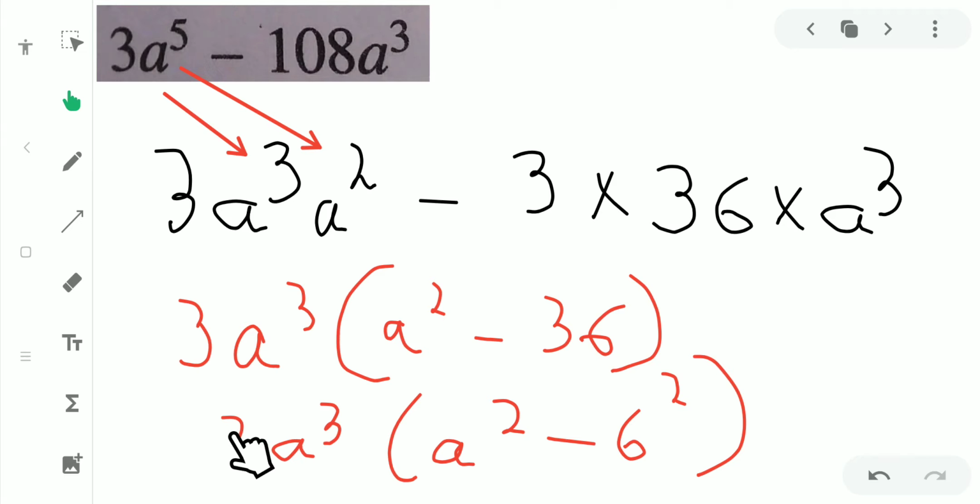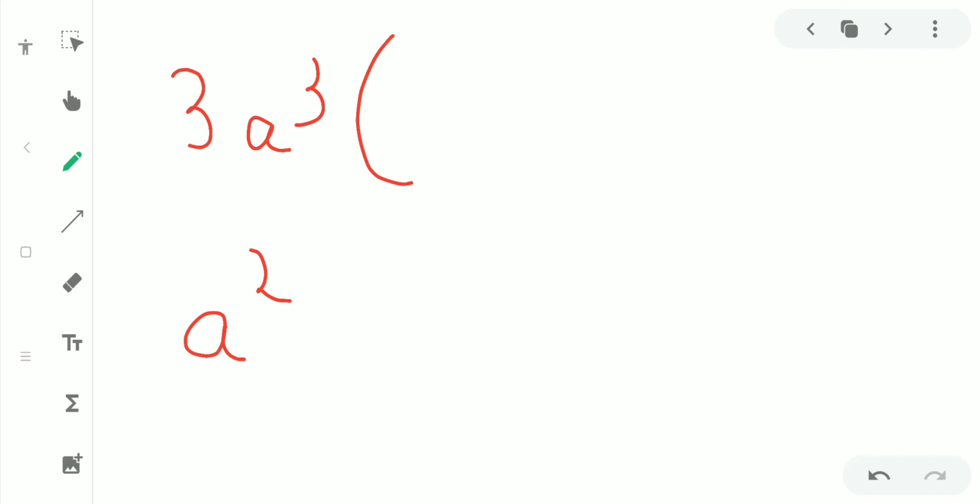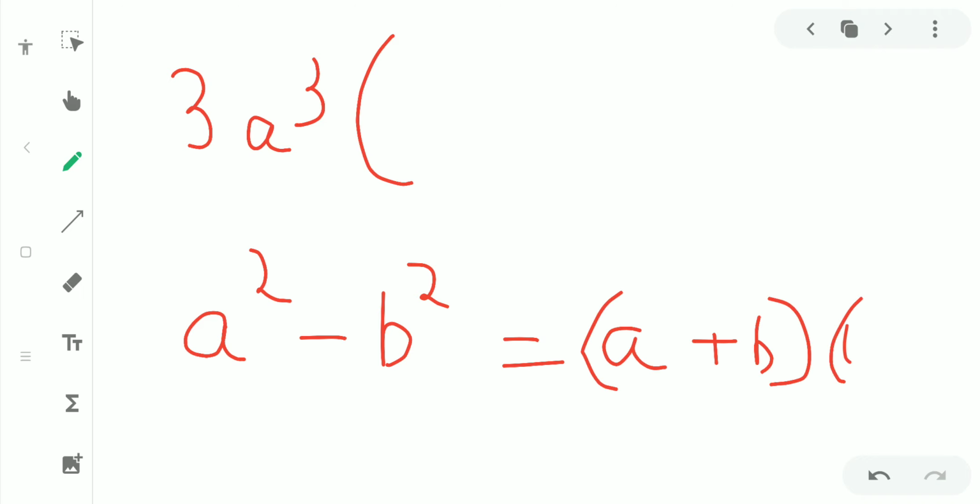So now let us go on to the final one, that is 3a cube times (a square minus 6 square). So a square minus 6 square, if we assume 6 as b, we will be getting a square minus b square, which is (a plus b) times (a minus b).